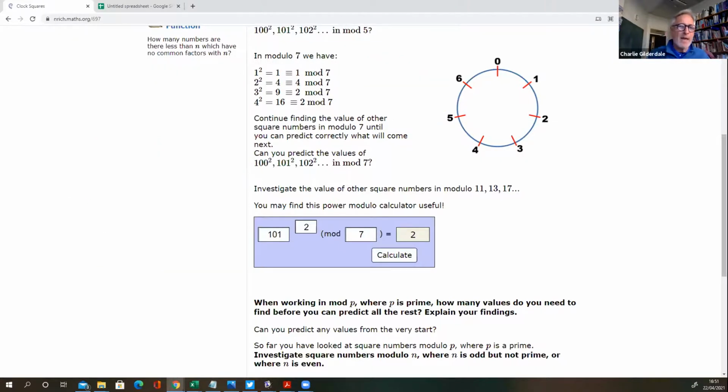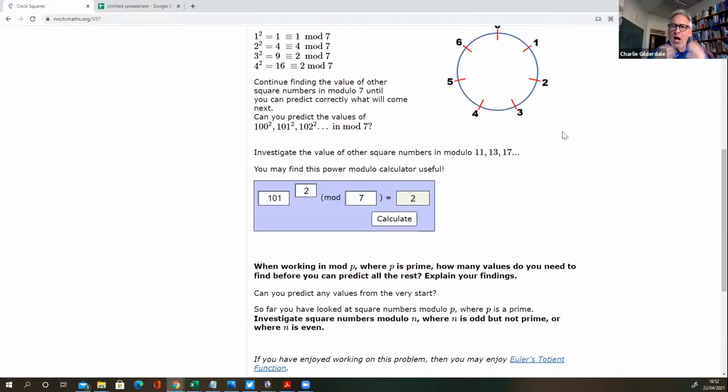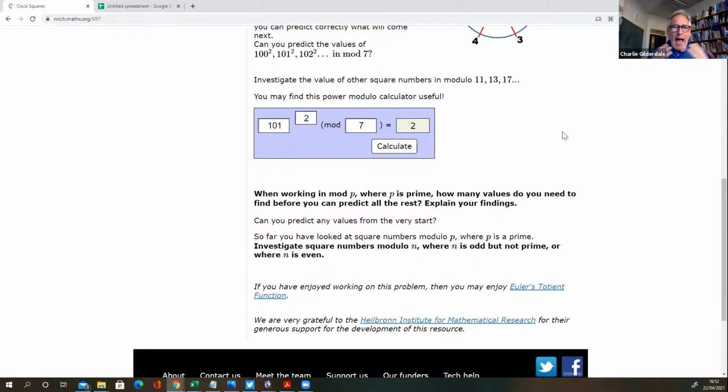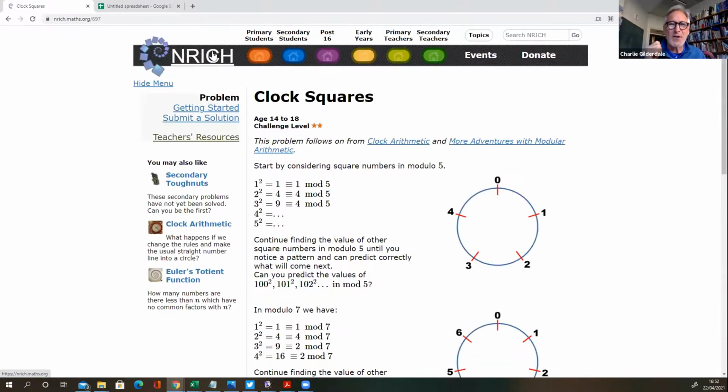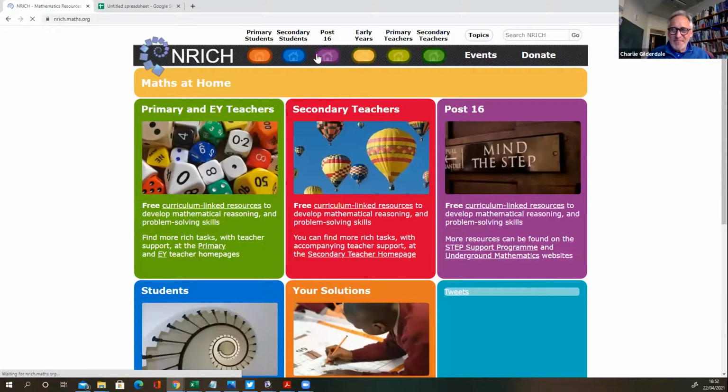So it's not on the school curriculum, but there's a lot of reasoning here, a lot of looking at patterns and conjecturing and generalizing, which is at the heart of a lot of rich mathematical tasks. We could carry on, but I think we need to move on to the cryptography. Otherwise, you won't see how all this ends up.